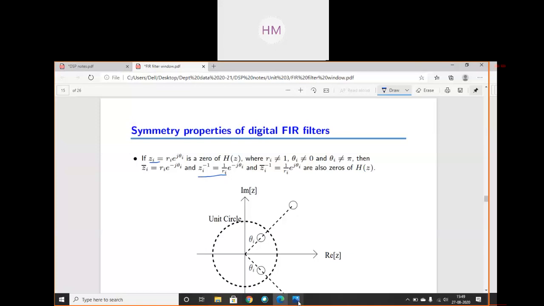Write down: summation n equal to 0 to M minus 1 of h of n sine of omega tau minus omega n should be equal to 0.